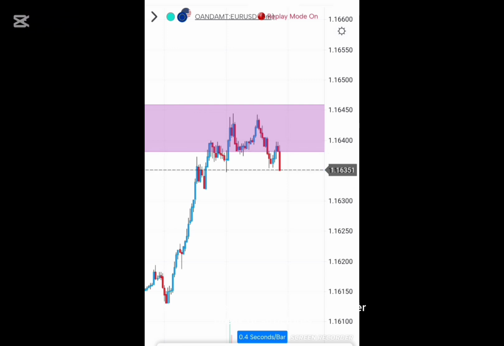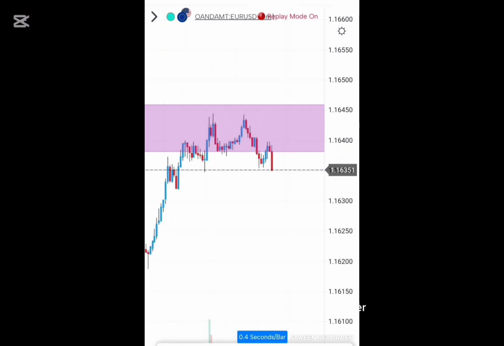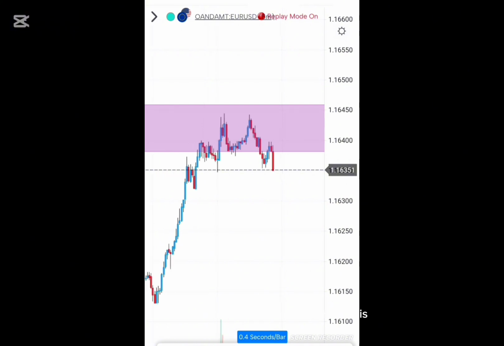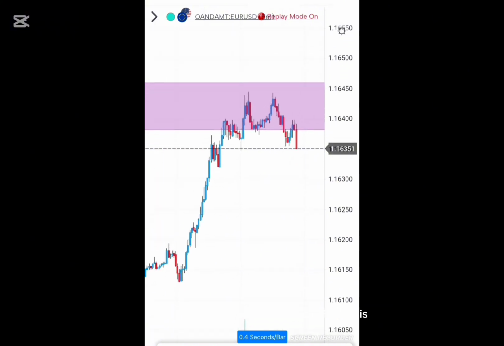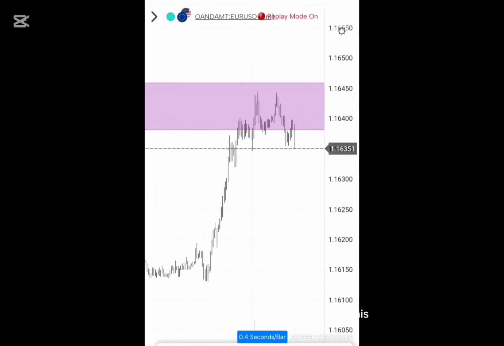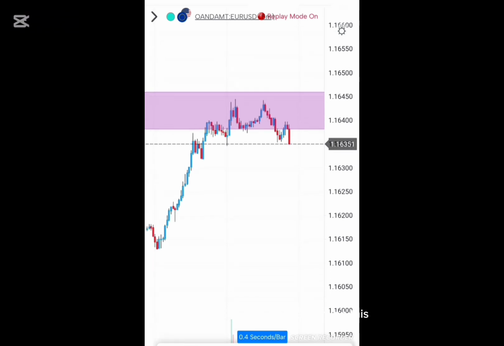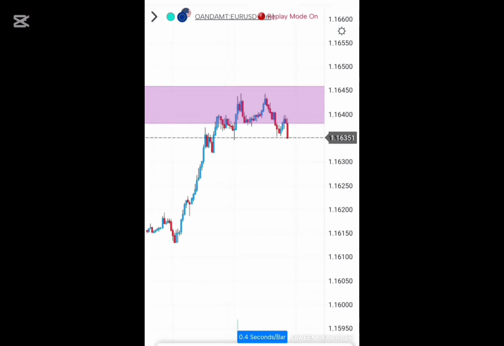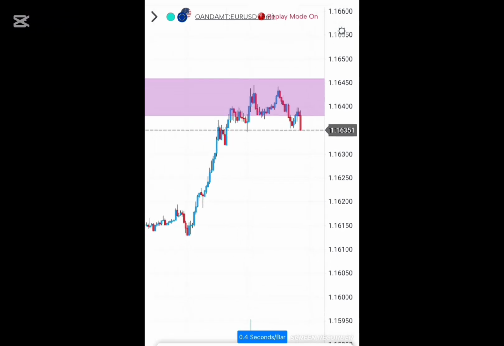As you can see, we already have another breakout structure that has validated the supply zone, and therefore we are going to short this position. We are going to look for sell entries on this Euro versus United States dollar.